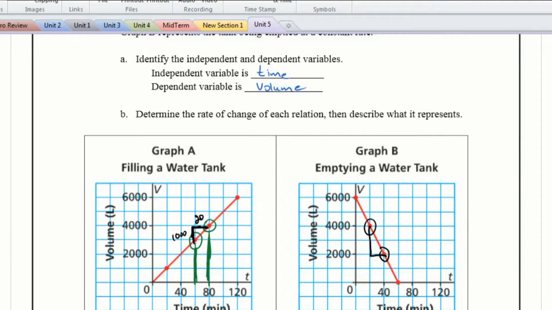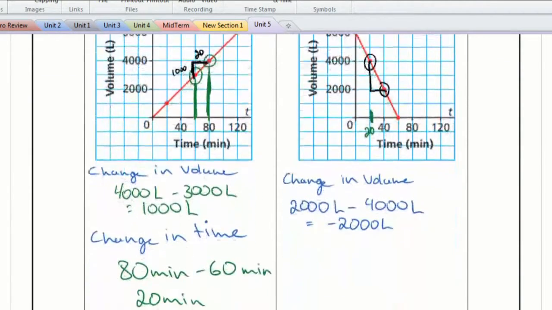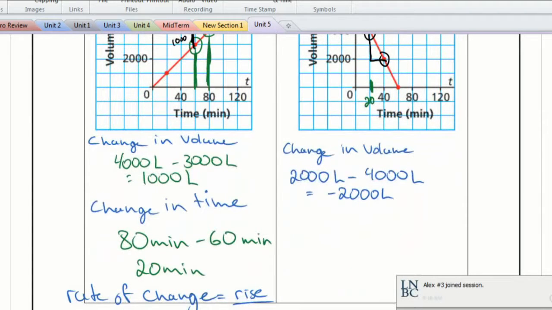So I've gone down 2,000 liters. I'm not filling my tank, I'm emptying my tank. And over what time span did that happen? If I look at my graph, I started my emptying at 20 minutes and I ended at 40. So it took 20 minutes to get that change in time.